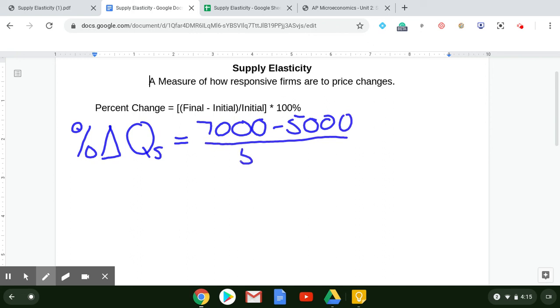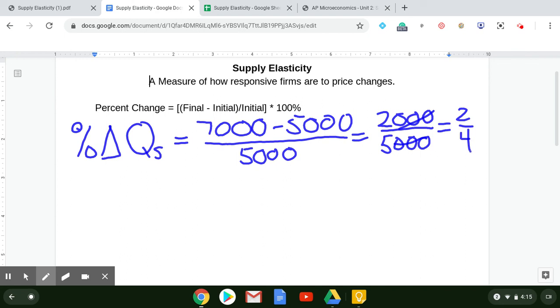All over 5,000. That's 2,000 over 5,000, which amounts to 2/5. Oops, excuse me. Got ahead of myself. 2/5. And times that by 100%, and that will give me 40%.